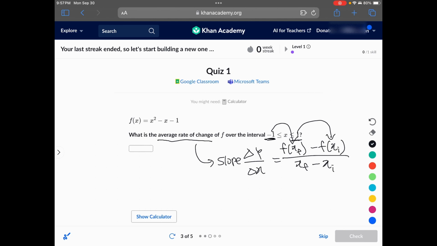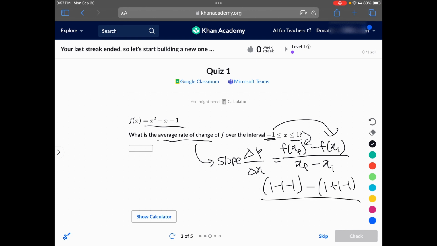Actually, because the initial value is actually here, so we gotta switch that up. My bad. Right here, right here. So if you put 1 in this f of x, it's going to be 1 plus 1 minus 1 minus the final value, which is -1, over final value 1 minus -1.